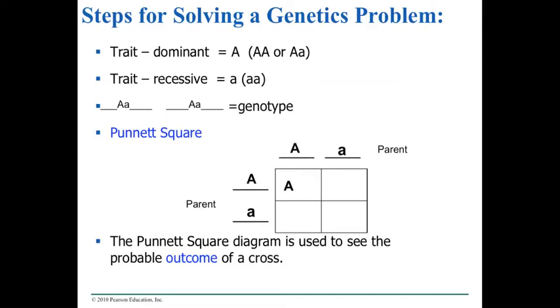So we've got an uppercase A there that could come either from the top or the side, and another uppercase A. One from the top, one from the side. That's a homozygous dominant. Purebred, true breeding. Now here we have the lowercase a that came from the left side and the uppercase A that came from the top.